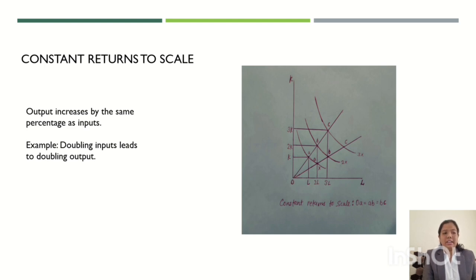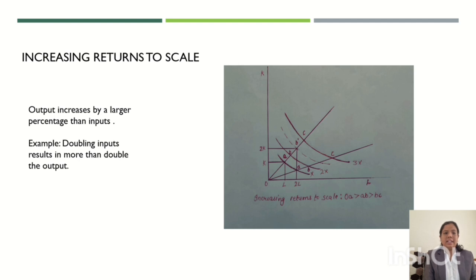For example, doubling inputs leads to doubling output. In constant returns to scale, if we double the inputs, then our output is also doubled. Then for increasing returns to scale, we can see that output increases by a larger percentage than input.